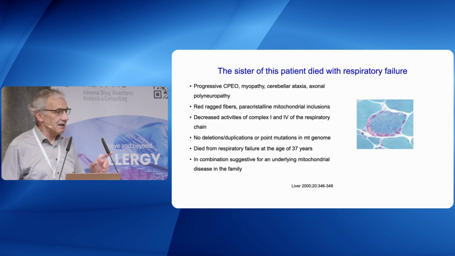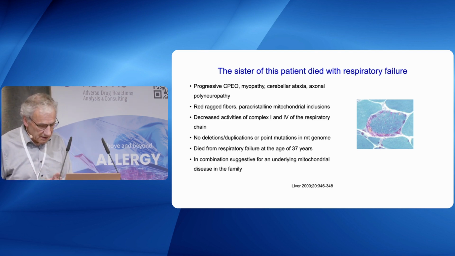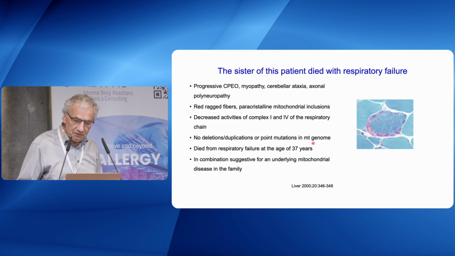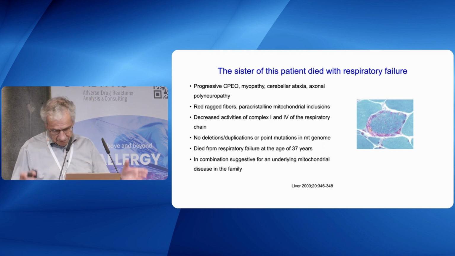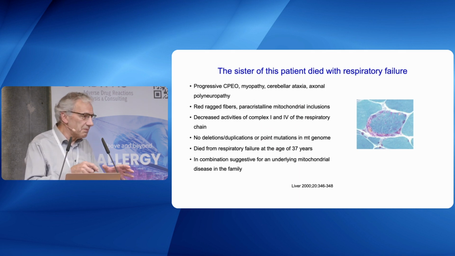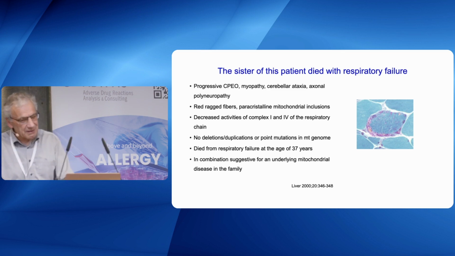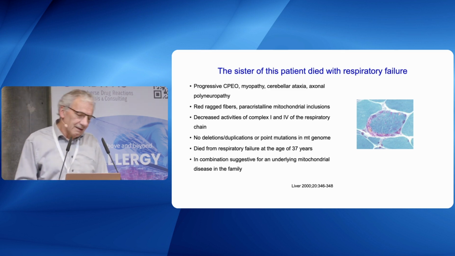Now, this patient had a sister, and the sister died of respiratory failure at the age of 37 years. And from this patient, I received muscle biopsy, and I studied the activity of the electron transport chain, and you see she had a reduced activity of complexes of the electron transport chain. She had a mitochondrial disease, and now I could combine.